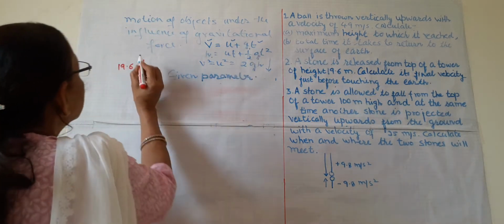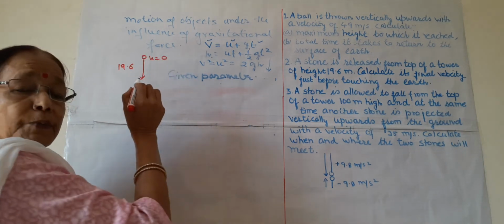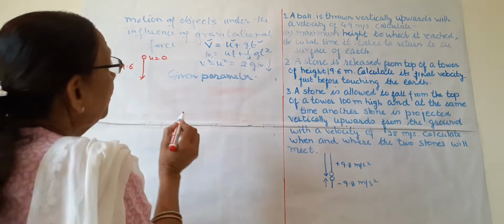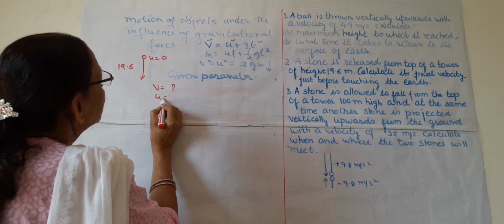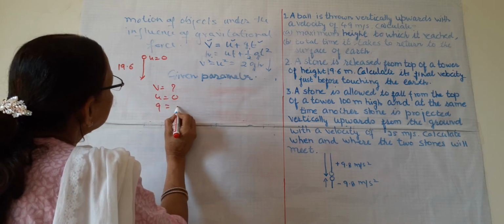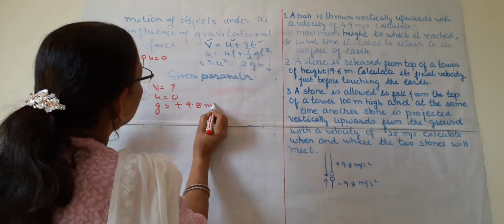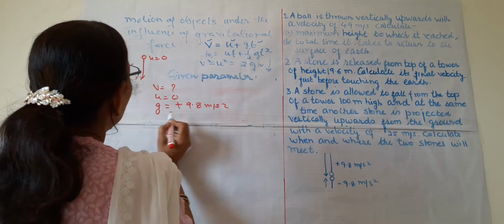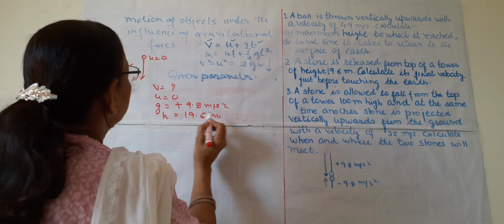As the stone is coming down, u will be 0. When an object comes down, the u will be 0. G is plus 9.8 meter per second square as it is coming down, and height is 19.6 meter.